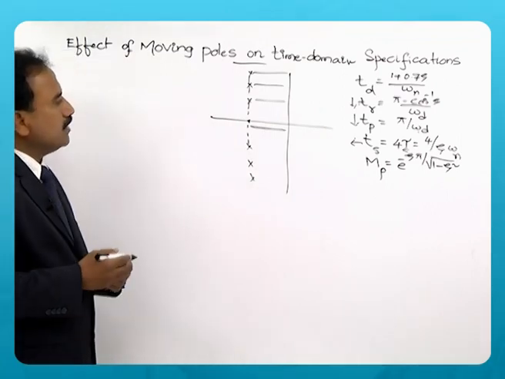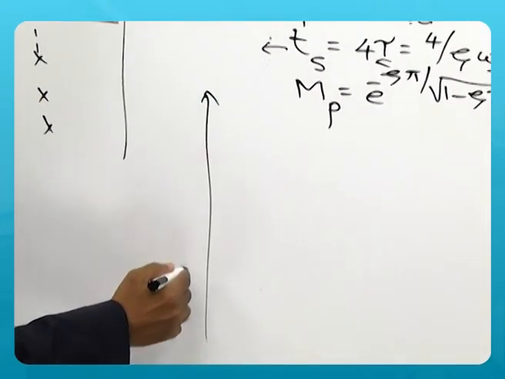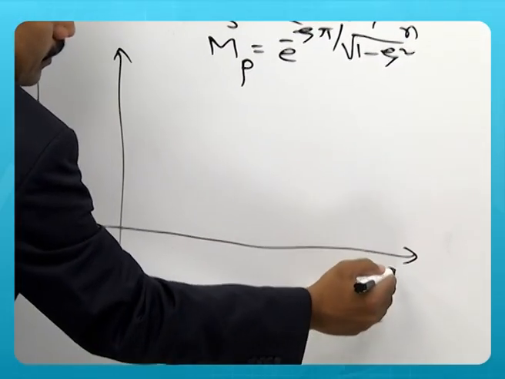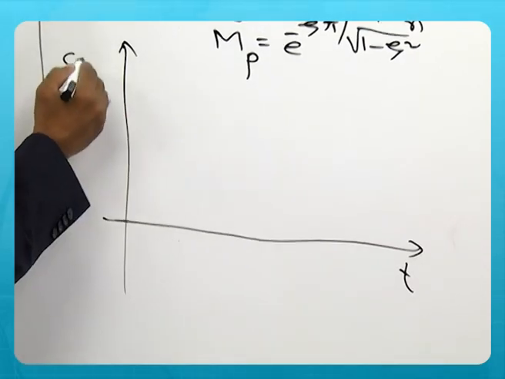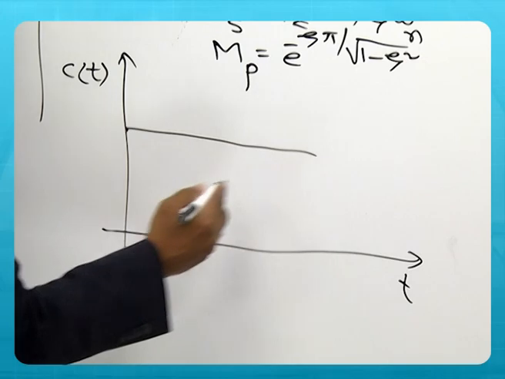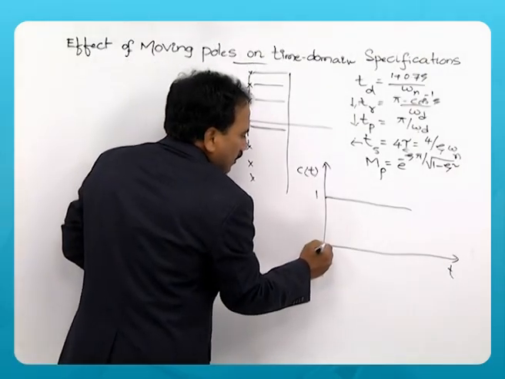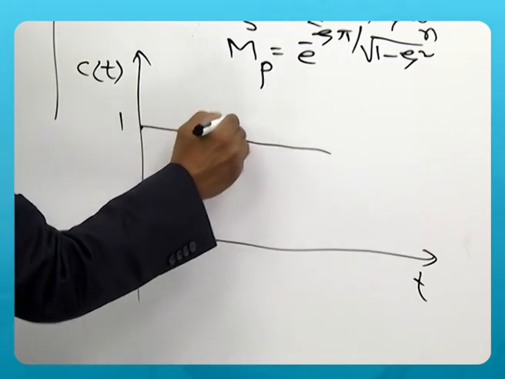So, how do we represent this in the time response? If you see the waveform for step input, this is unit step, then the response will be like this.